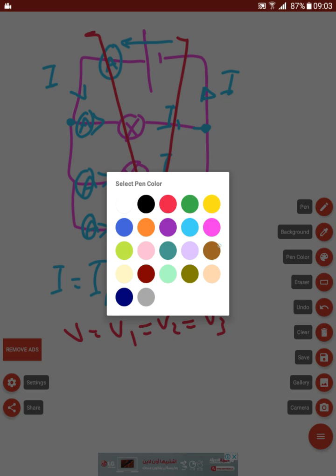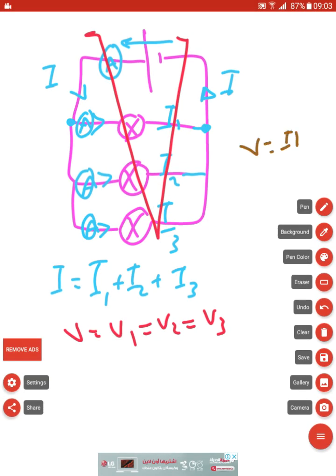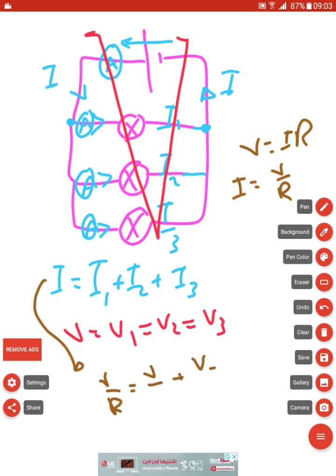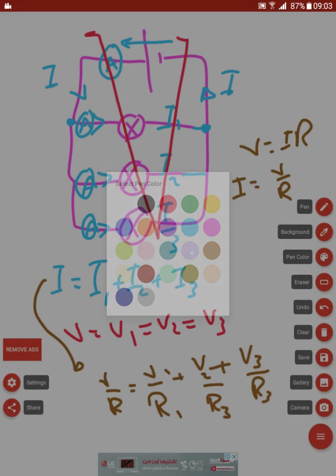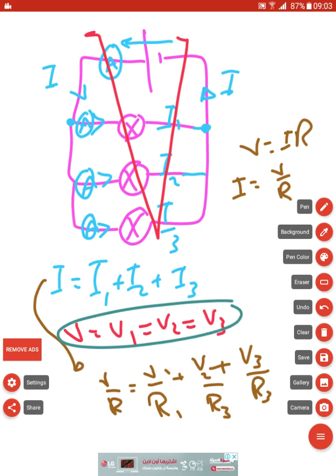Now, using Ohm's law, V equals IR, we can use I equals V over R and put it here: V over R equals V1 over R1 plus V2 over R2 plus V3 over R3. Since the voltages have the same value, V can be cancelled with the other V's.